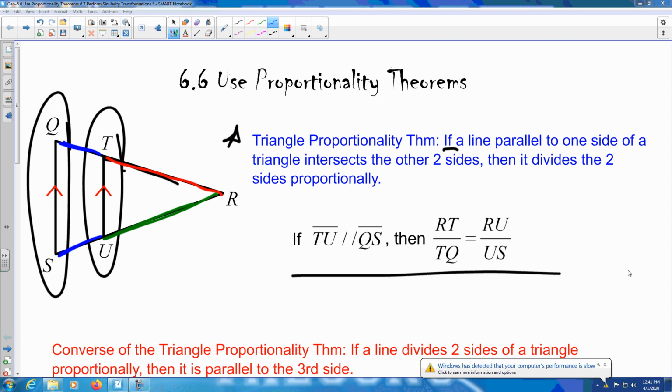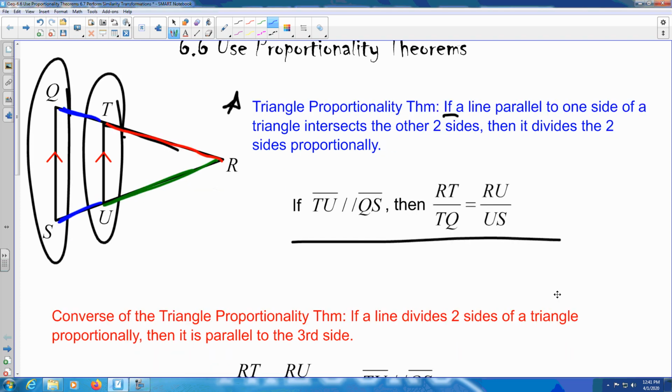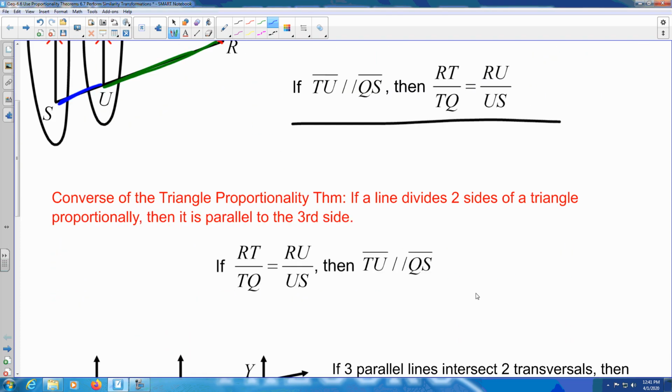Okay, so remember that's how it's set up with the use of this theorem. All right. The converse of this theorem states that, well, if these respective line segments are in fact proportional, then we can say that those two lines are parallel.